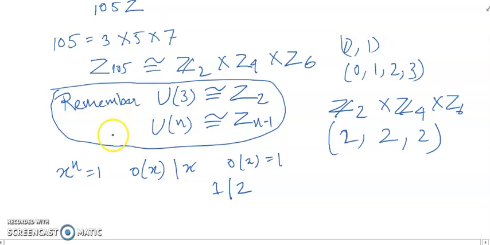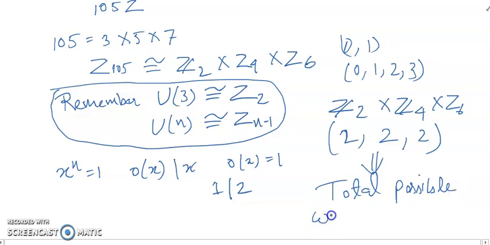So the identity element exists. X to the power n means x squared equals 1. So we get the total possible ways, 2 cross 2 cross 2 equals 8.